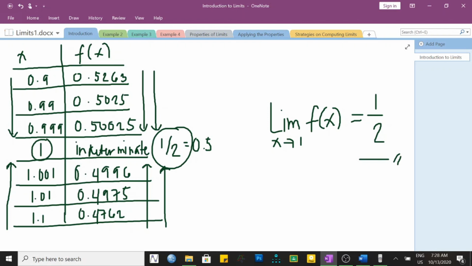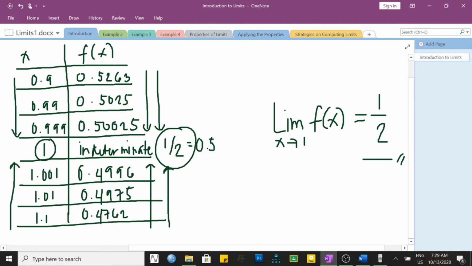It is 1/2. The most important part of this limit concept is that we do not really care what happens to the function at exactly x equal to 1. That is because we already know that it's indeterminate. We cannot do anything about that.